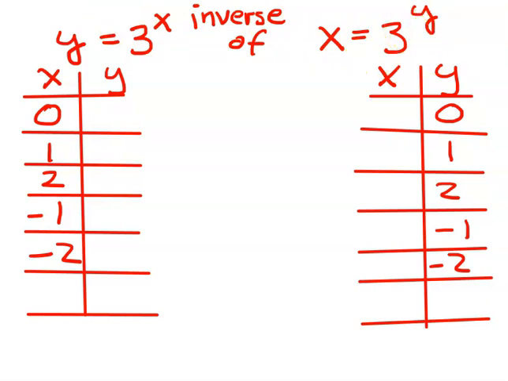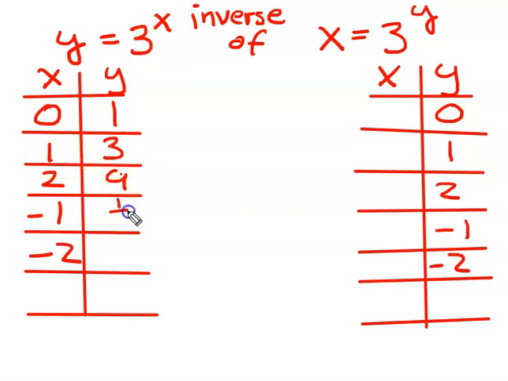Okay, so what we're going to do now is fill these in. So if x here is 0, 3 to the 0 power, anything to the 0 power is 1. 3 to the first is 3, 3 to the second is 9. Now, when it's 3 to the negative 1, it's the reciprocal of what's here for 3 to the first.